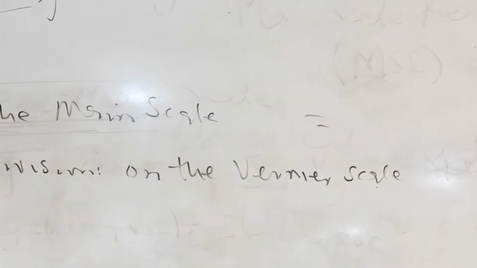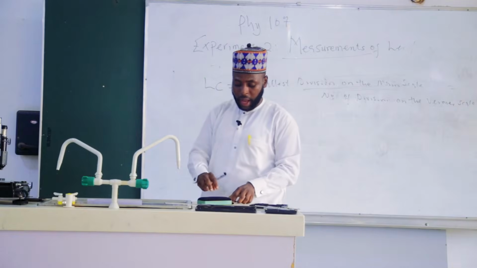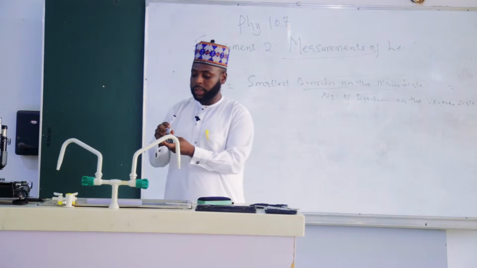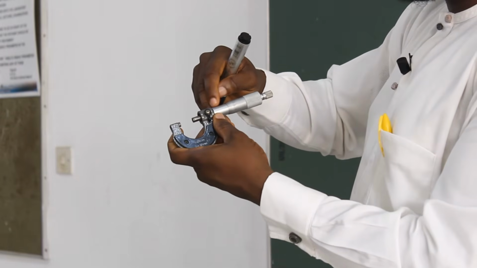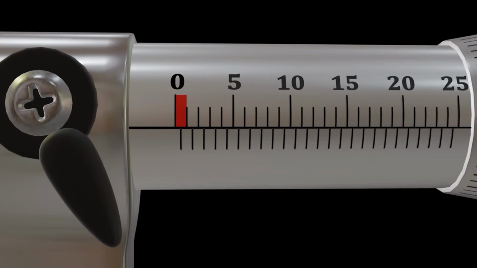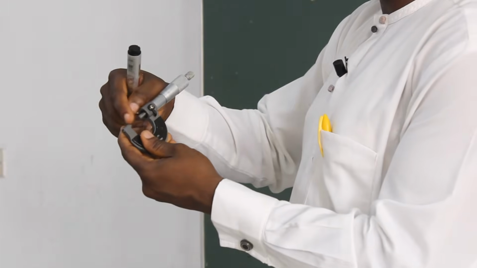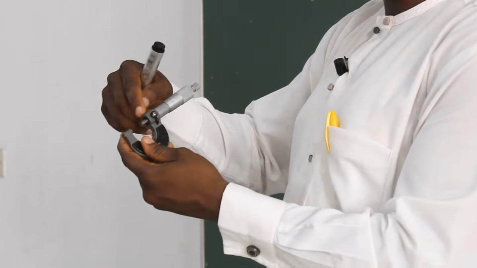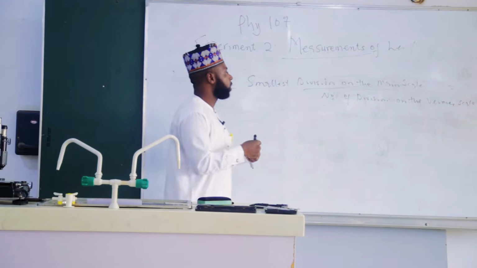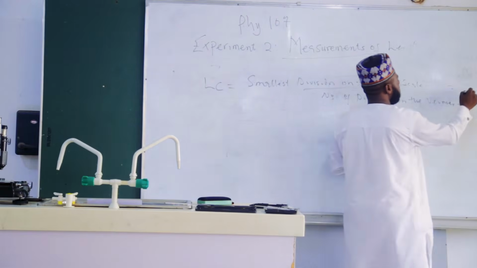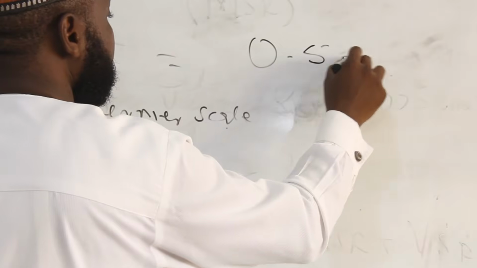In the case of a micrometer screw gauge, as I've shown you on the main scale, the smallest division we can measure is going to be 0.5. So it is not 0. 0 means that you do not have anything between the anvil and the spindle. So the smallest we can measure here is 0.5 millimeter.